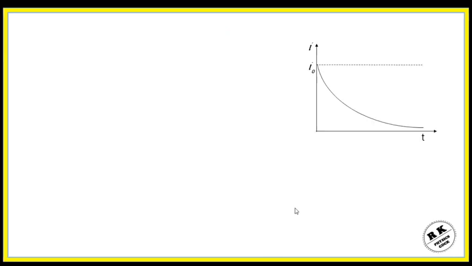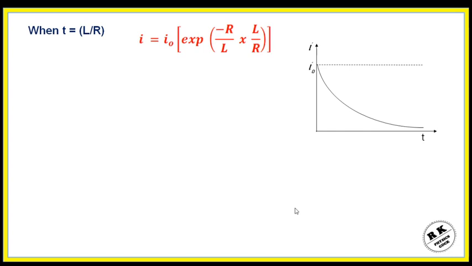Now let us substitute the time constant in this equation. In the previous equation, we know that the time constant value is L by R. If we substitute in the instantaneous value equation, it becomes I is equal to I naught times exponential of minus R by L times L by R. These terms get cancelled and we remain with I is equal to I naught times 1 by e.